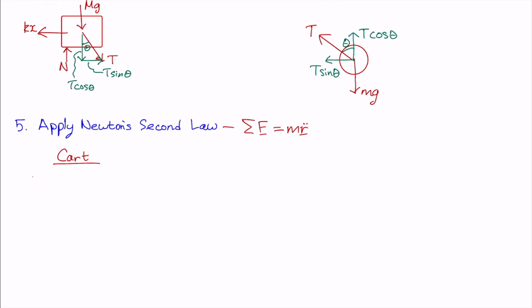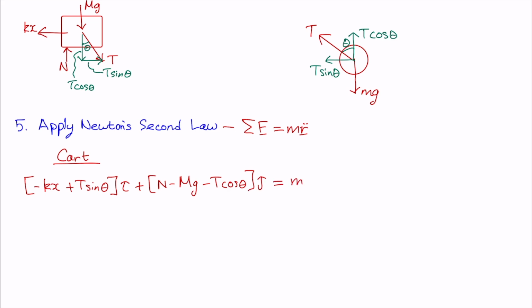So let's start with our forces. In the I direction, we're going to have minus kx plus T sine theta. And that is everything acting on the cart in the I direction. And in the vertical direction, we have the normal force N minus gravitational force minus T cosine theta in the j direction.